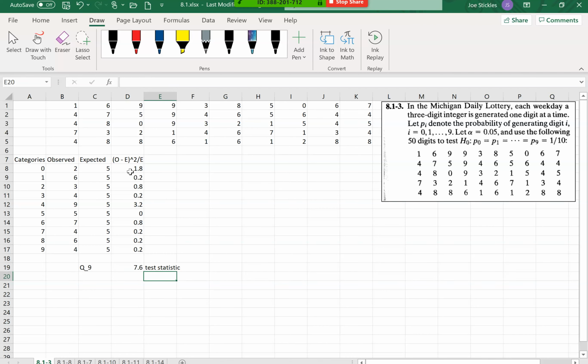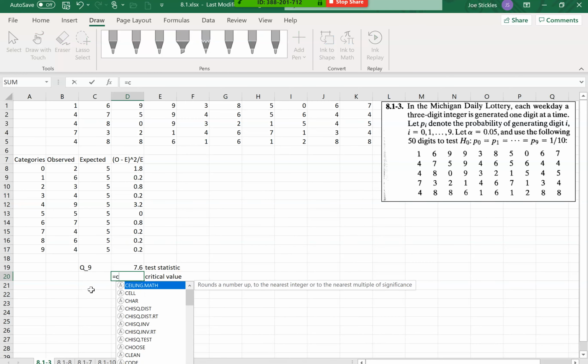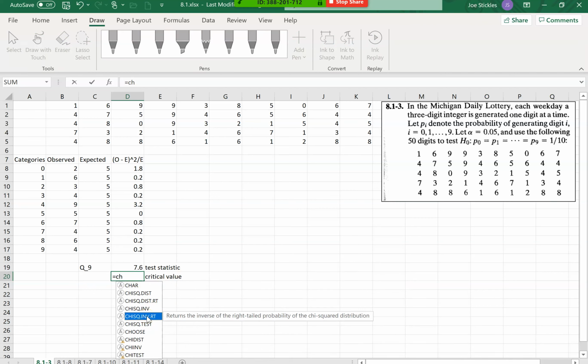Now, if we want to compare this to a critical value, we know that if these probabilities are true, then this q sub k minus 1 should follow a chi-square distribution on 9 degrees of freedom. So your critical chi-square value we should be able to get from the chi-square dot inverse dot right tail.